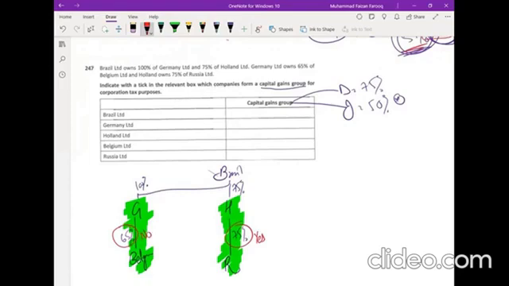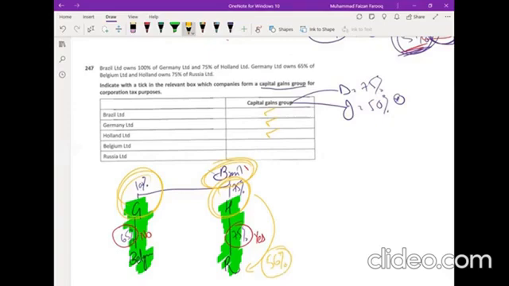Yeah, Holland and Germany are the direct ones. So Brazil will be there. We will take Brazil, Germany, and Holland. Brazil is okay, Germany is okay, Holland is okay. Now, for the indirect ones, 75 into 75, 56, right?